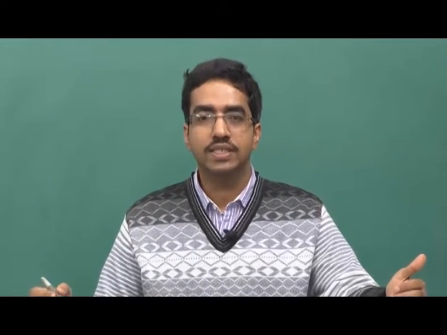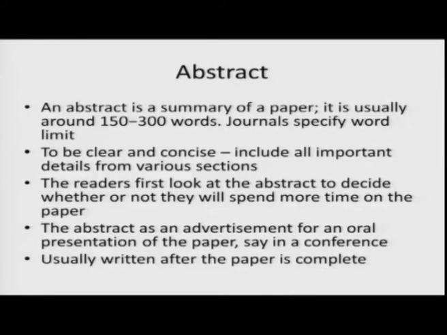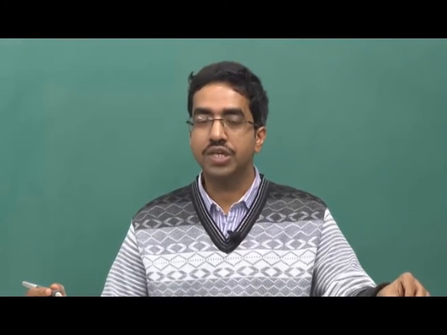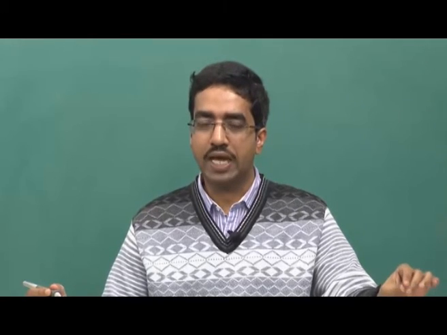The next important component is the abstract. So, as we have seen earlier, abstract is a summary of your complete text. So, you have it in research reports, you have it in your research proposal, you also have it in dissertations, and you have it in research papers as well.